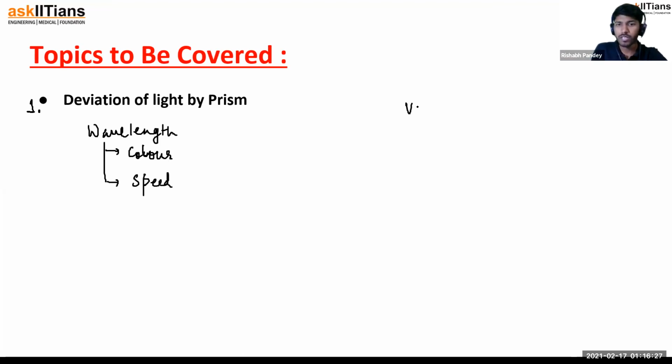And there's a visible region where the light is visible to us, and a particular light going beyond this visible region is not visible to us. It's called ultraviolet radiation, UV radiations, and a particular light which is going below this visible region is called infrared radiation.